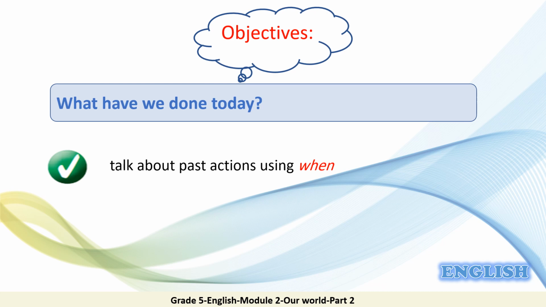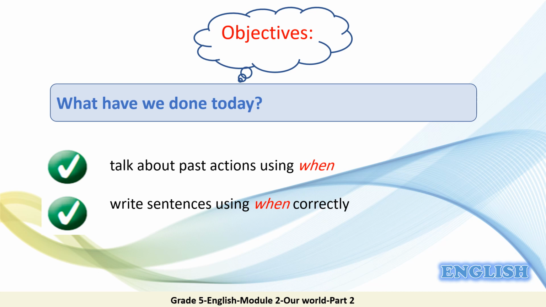We also learned that when we talk about past actions, we need to use the verbs in the past simple. That enabled us to write sentences using when correctly. Congratulations! You have just achieved our objectives today.